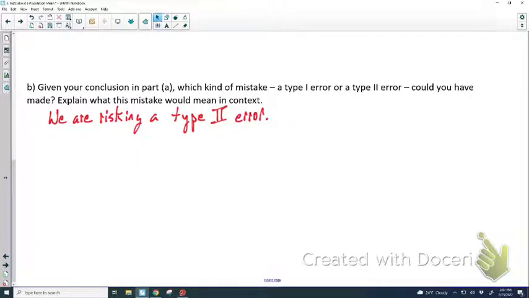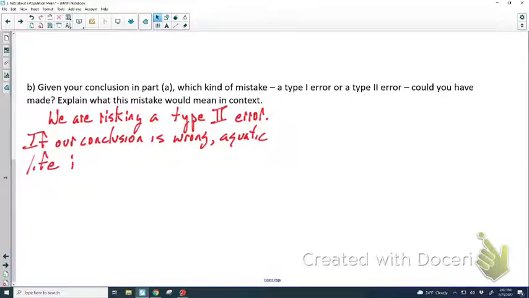What does this mean in context? If our conclusion is wrong, aquatic life is at risk.